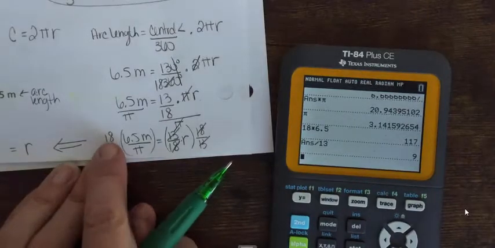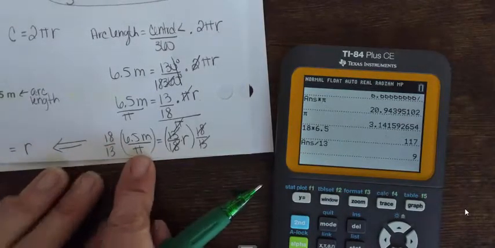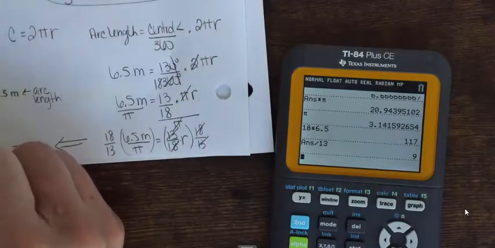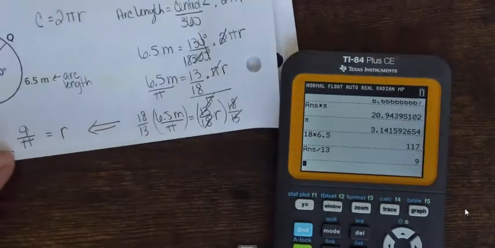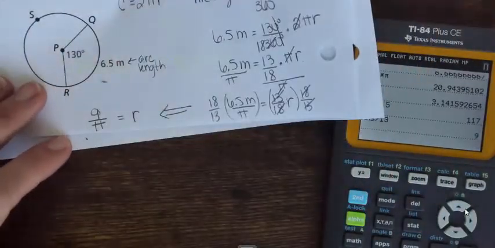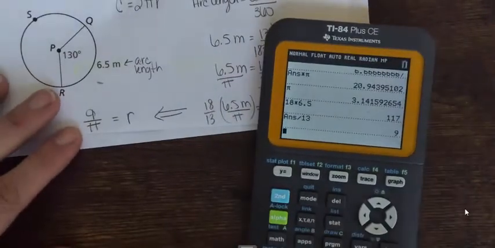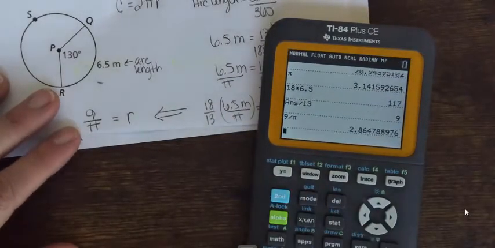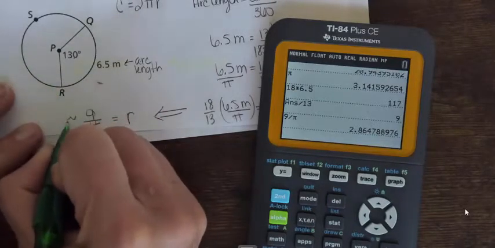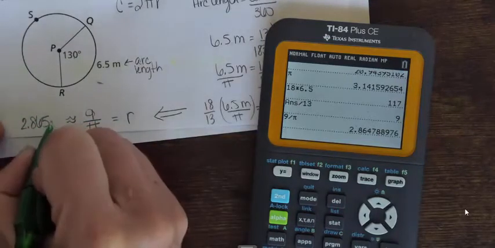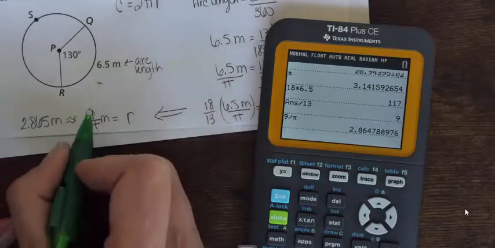So it looks like I'm getting 9 divided by pi, or 9 over pi. Or if I do that to get an approximation, I'm getting approximately 2.865 meters. Both of these are in meters.